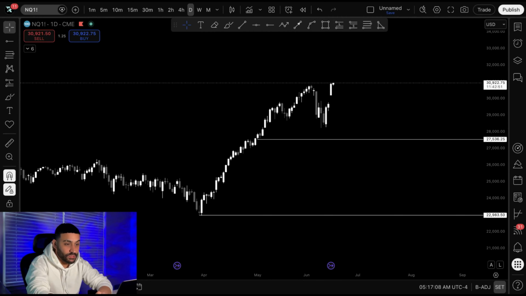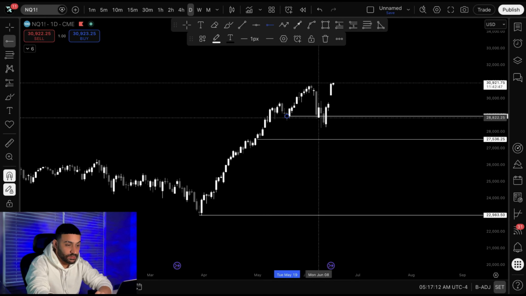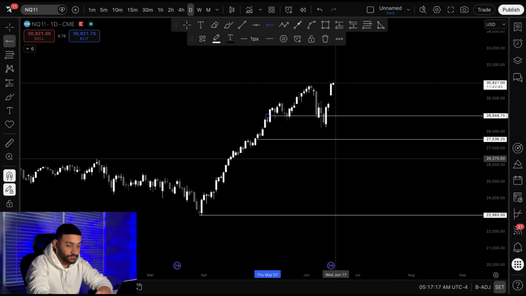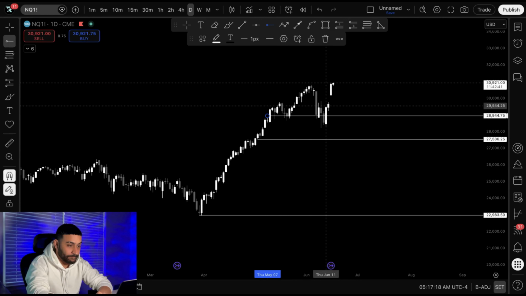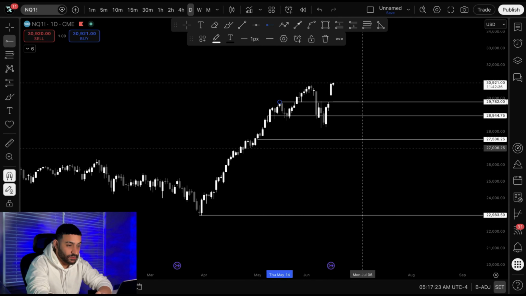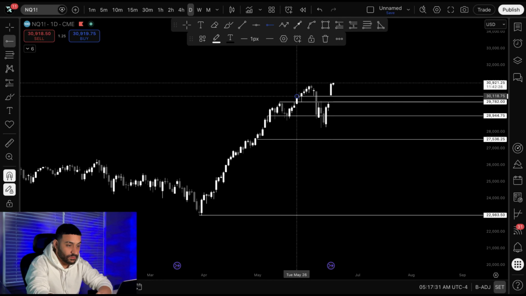But essentially on the daily time frame here, I'm seeing that this is a supply zone right here. There's another one right here, and there's actually one right around here. I'd say it's right there.